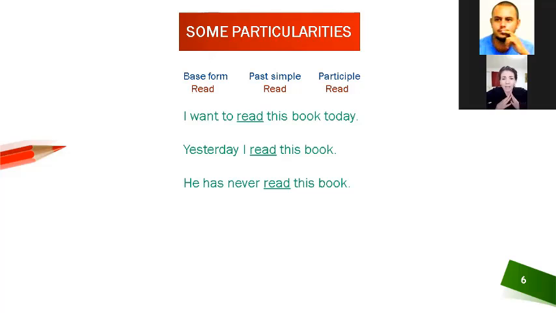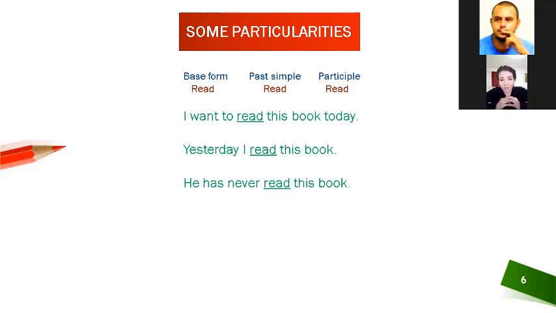And then we have the participle that also looks the same, but they don't sound the same. They look the same, they spell the same, but they don't sound the same. The base form sounds "reed", the past simple form sounds "red", and the participle also sounds "red".